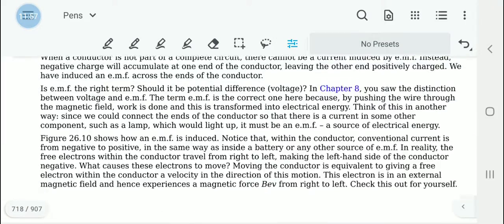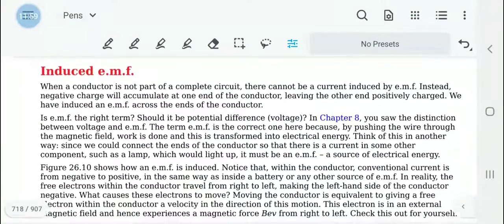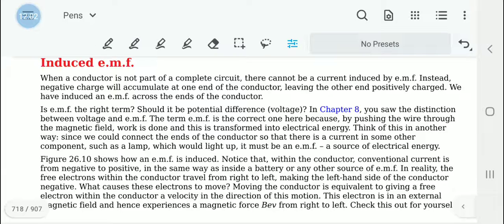Write down a note. When the conductor does not make a part of a complete circuit, a current cannot flow.